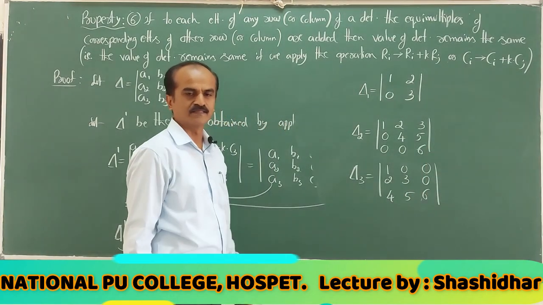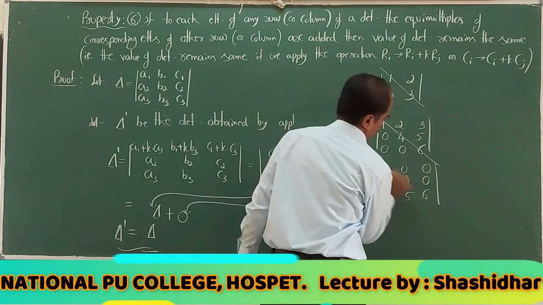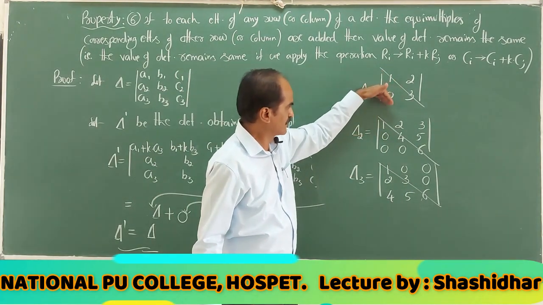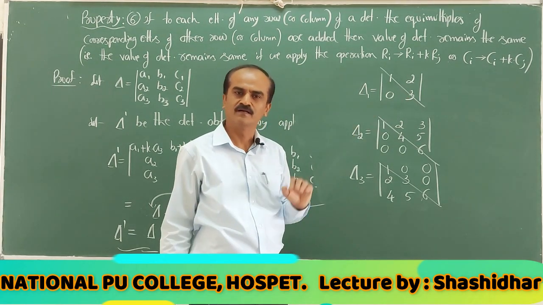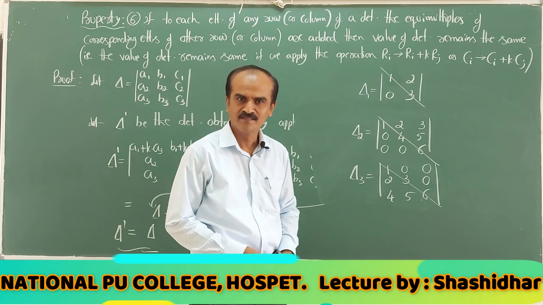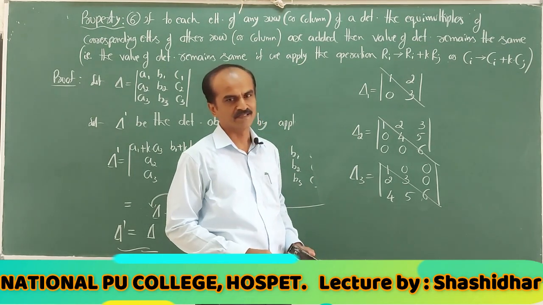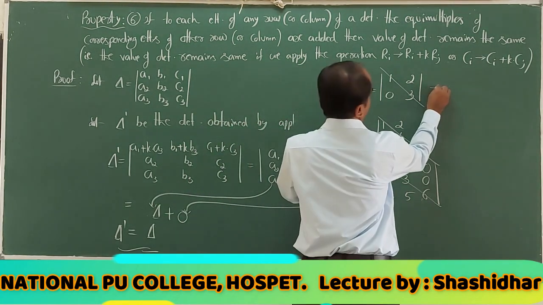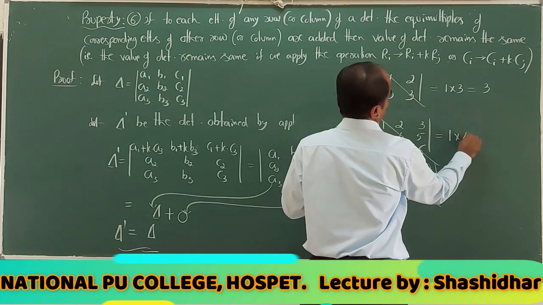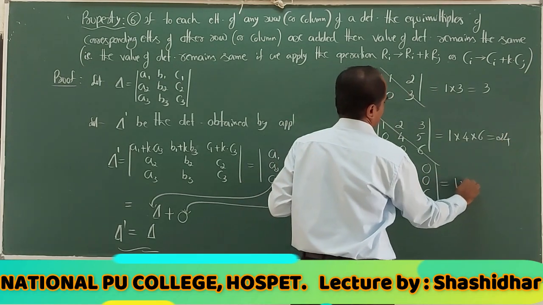Do you notice anything? In all these determinants, elements either below or above the diagonal are all zeros. If you come across this kind of determinant, the value of determinant is simply product of the diagonal elements. You see here, it is just 1 into 3. In this case, it is 1 into 4 into 6. In this case, it is 1 into 3 into 6.